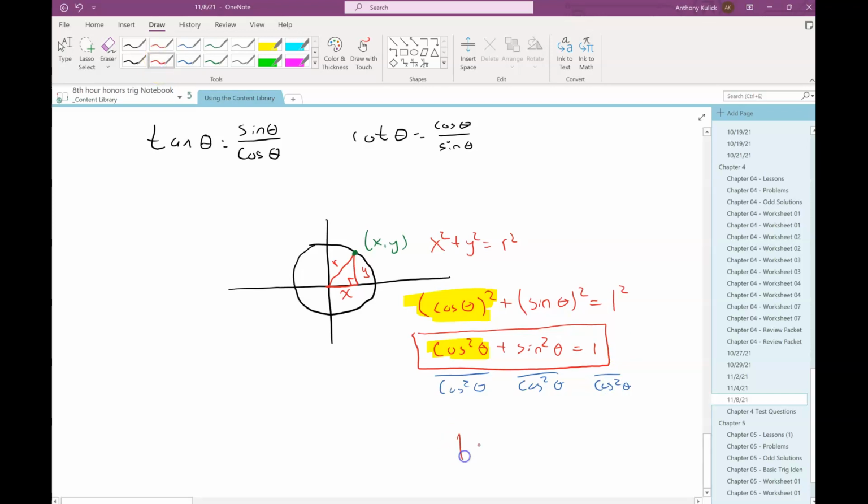Cosine squared divided by cosine squared is just 1, right? That should be easy to see. We said sine over cosine is equal to tangent. So sine squared over cosine squared would be sine over cosine times sine over cosine, so you have tangent times tangent, or tangent squared.